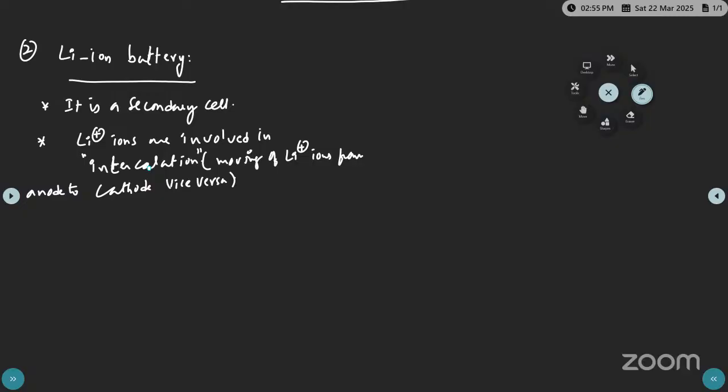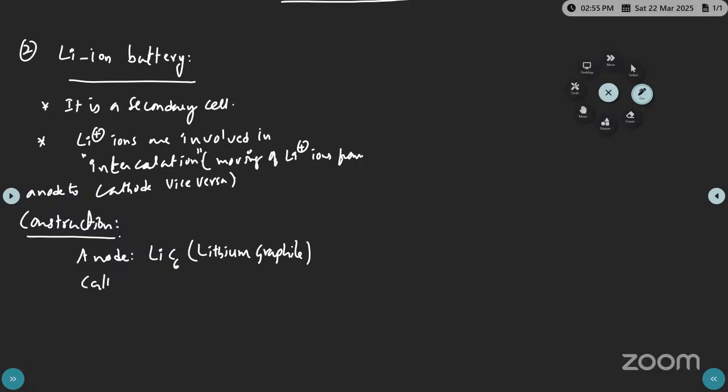Okay, and then the construction of the lithium ion battery. See, the anode is lithium graphite, LiC6. దాన్ని ఏమంటామంటే lithium graphite. Lithium graphite is used as anode.